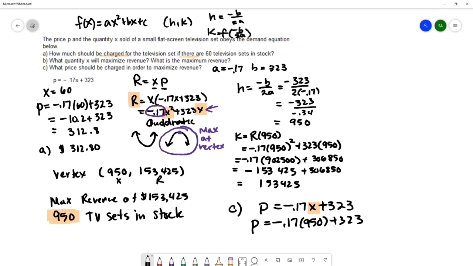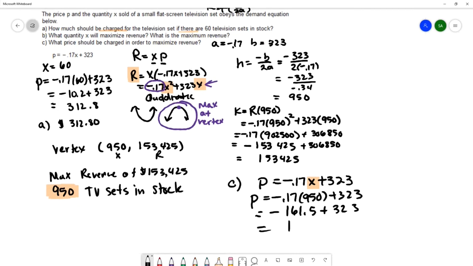So that's negative 0.17 times 950, negative 161.5, and I'll add that to 323, and that is a positive 161.5. So we should set a price for the television sets of $161.50 in order to maximize the revenue.